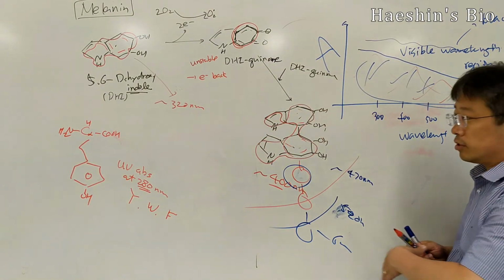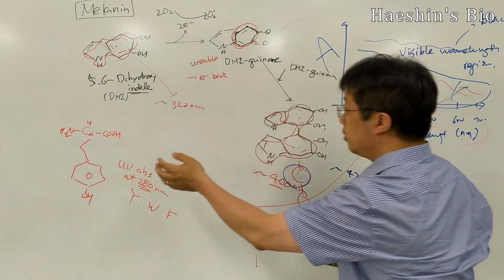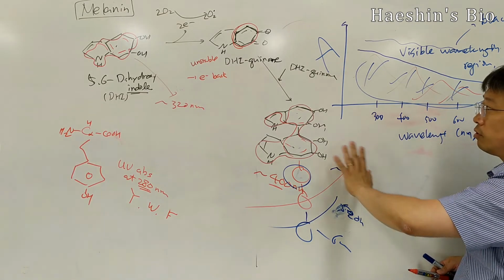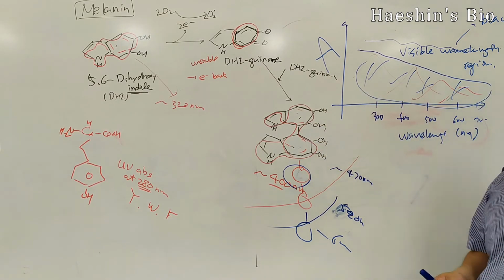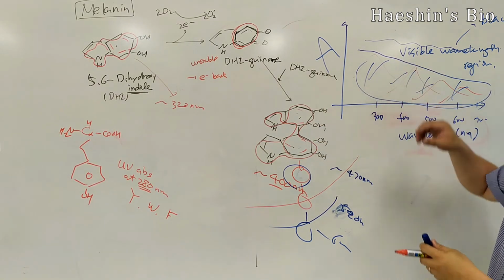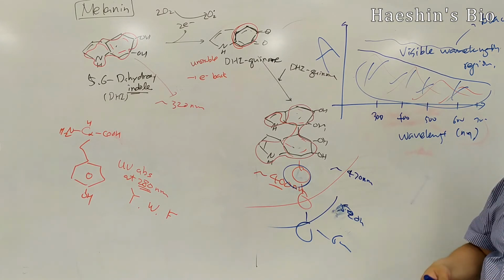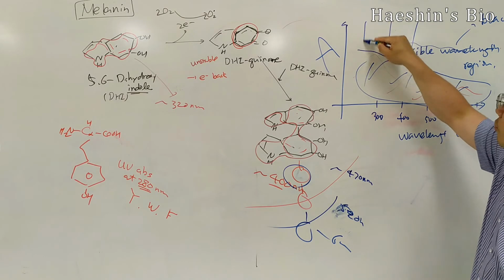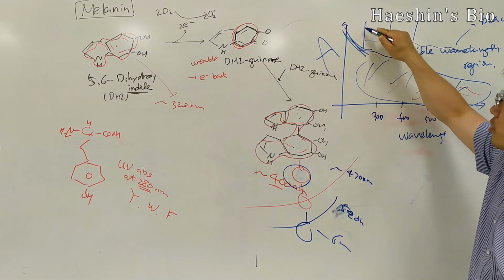This is why simply by providing tyrosine to the cell, the melanocyte forms very dark pigment. This dark pigment is very good for protecting from the light, including UV.